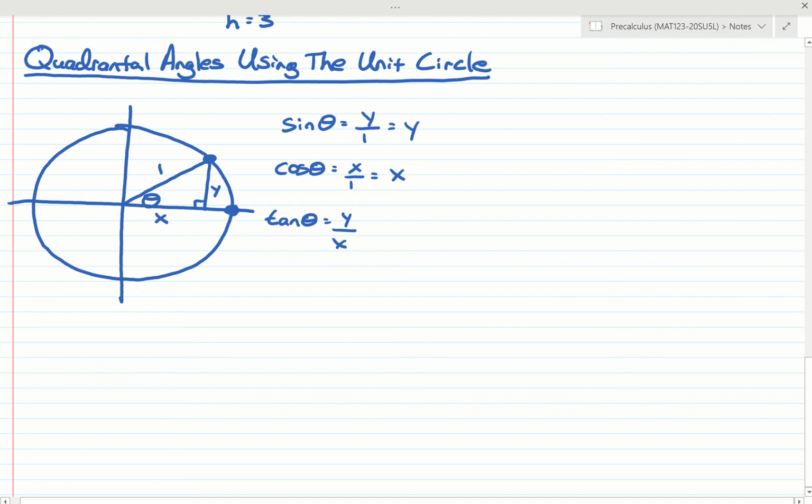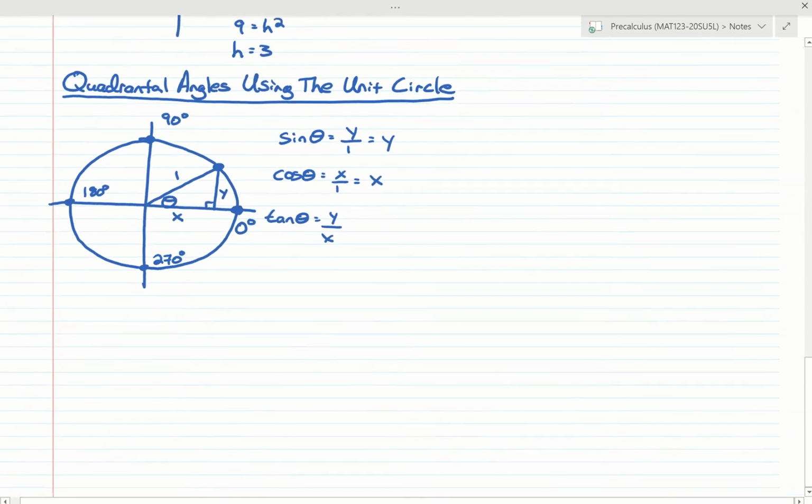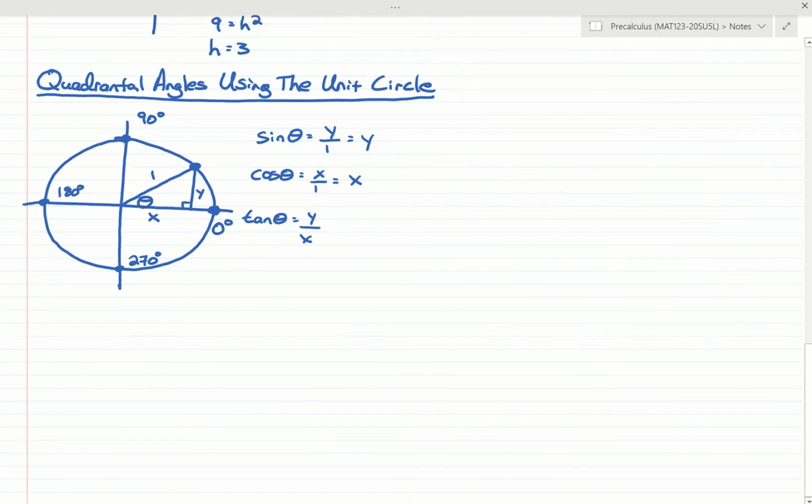Quadrantal angles, in our last section, we talked about being 0 degrees, 90 degrees, 180, and 270. And we could keep going if you want. But one thing I just wanted to talk about is the actual values of those points. So remember what we said. We said that the radius is 1.